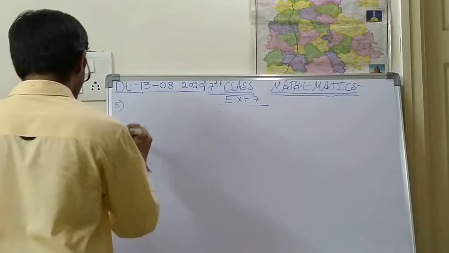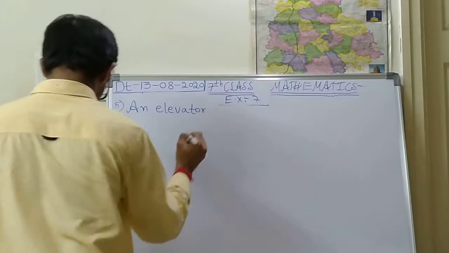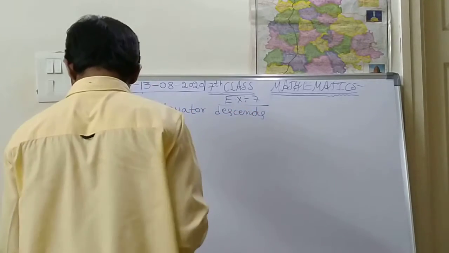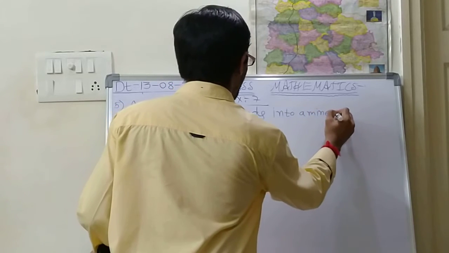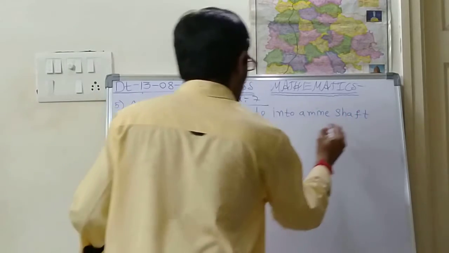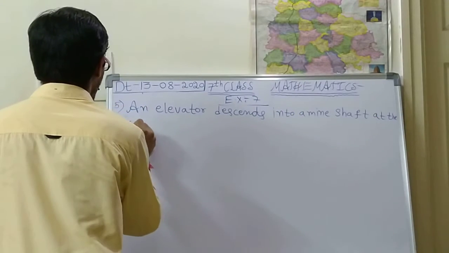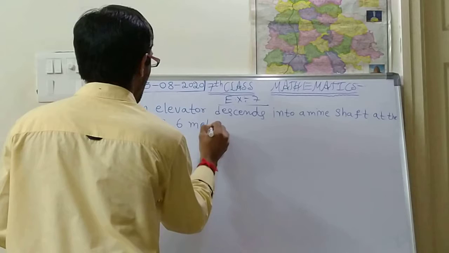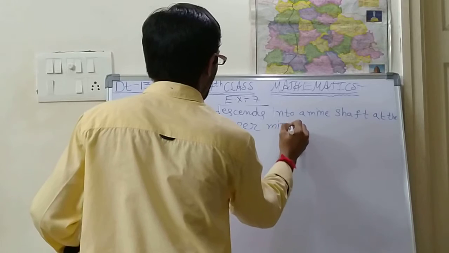Fifth one. An elevator descends into a mine shaft at the rate of 6 meters per minute.